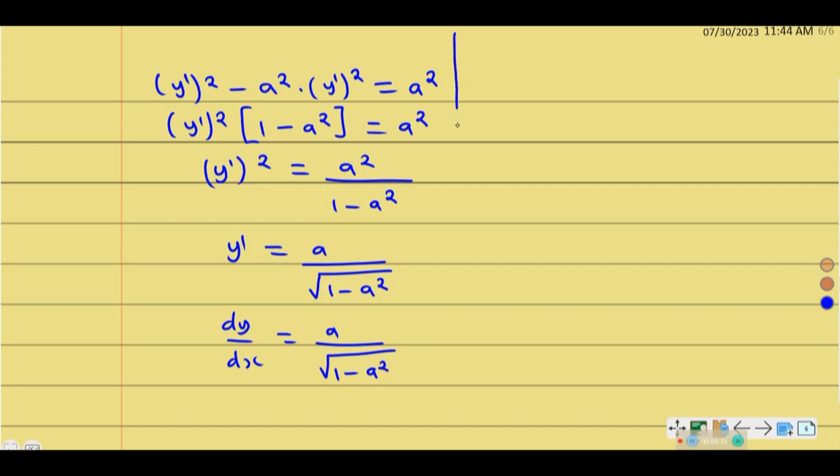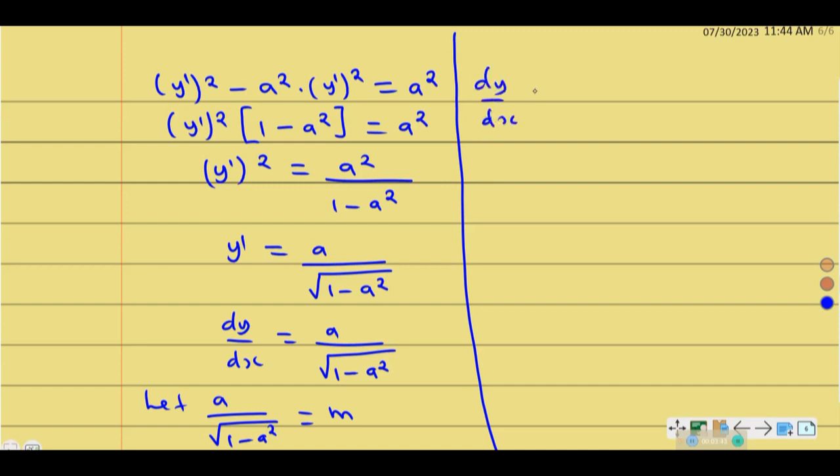So we can simply let a over the square root of 1 minus a squared be any given constant, for example m. In other words, we shall have dy/dx equal to m.